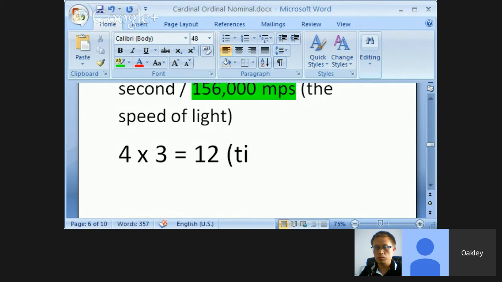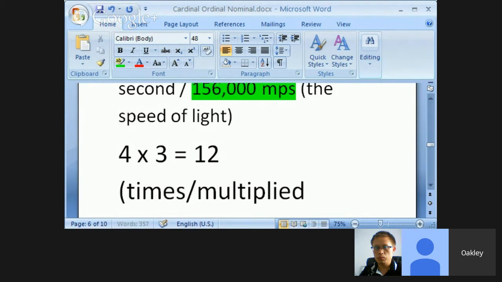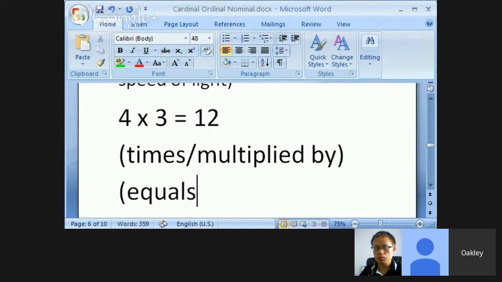You can say 4 times 3, or 4 multiplied by 3, and then we normally say equals 12, or we can simply say is 12. 4 times 3 is 12. That's it. You got it. Very good.